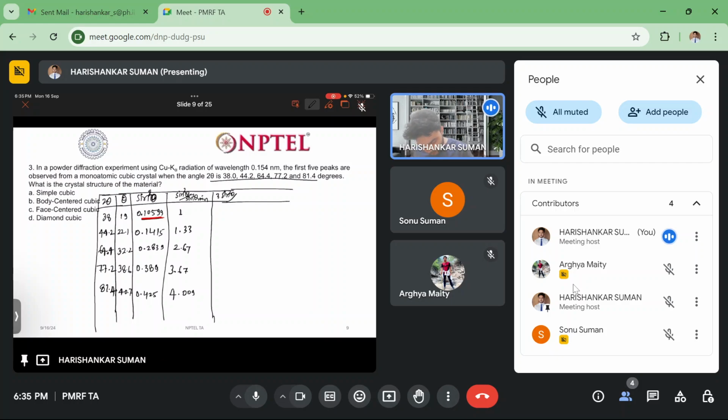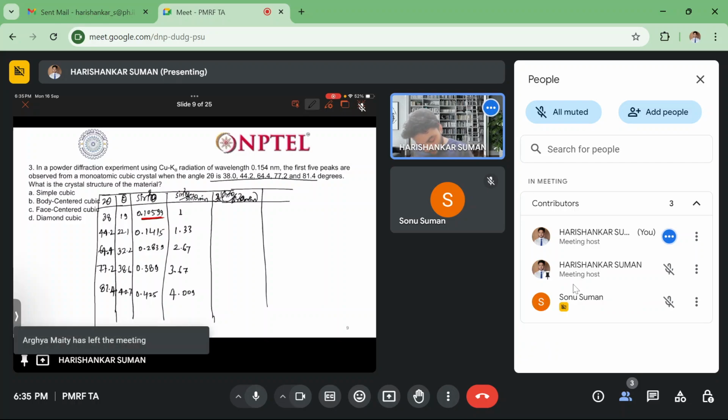Sine square theta divided by sine square theta minimum, multiply by 3, let's say 2, 3, 4. We have to multiply by the minimum number, 1, 2, 3, 4, 5. So multiply by 2, then what will happen? We have to make perfect integers.